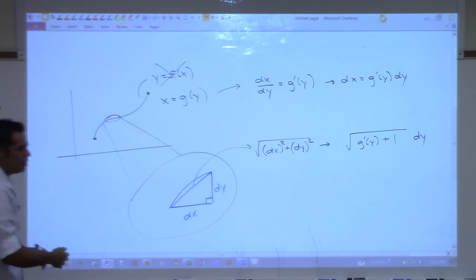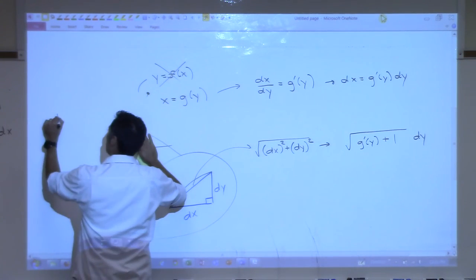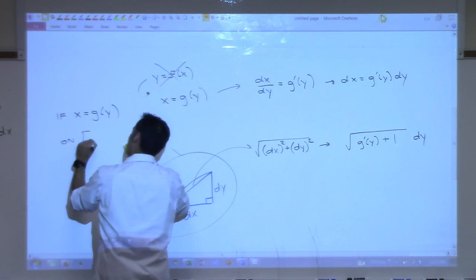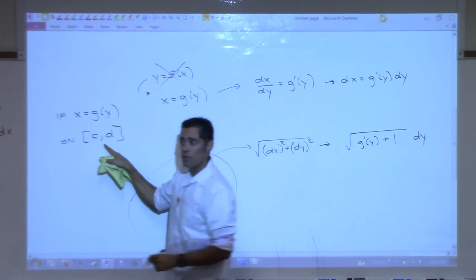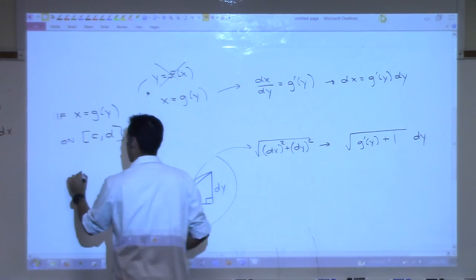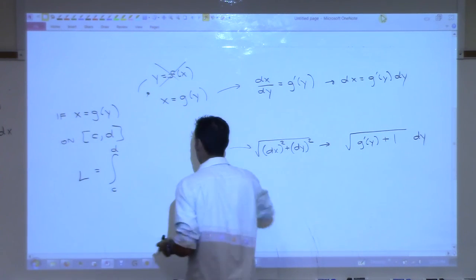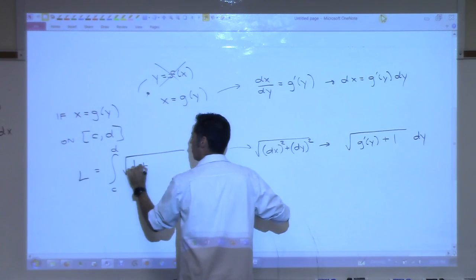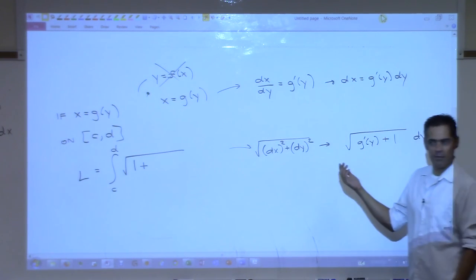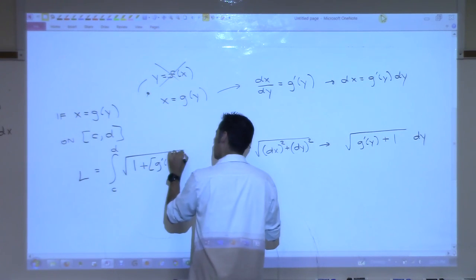But if you have x as some function of y, and you're on some interval cd, where these are y coordinates instead of x coordinates, then your formula changes only in respect that you're still going to go from c to d, right? So you're still going to go between that interval. This is still going to be 1 plus, but instead of the derivative of f, it's going to be the derivative of g with respect to y, squared, dy.